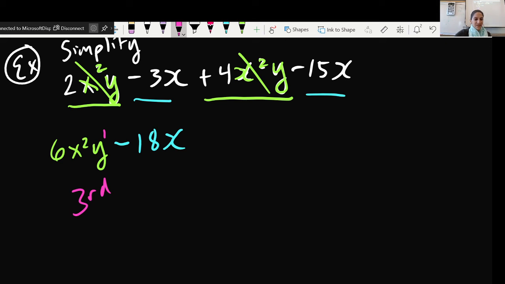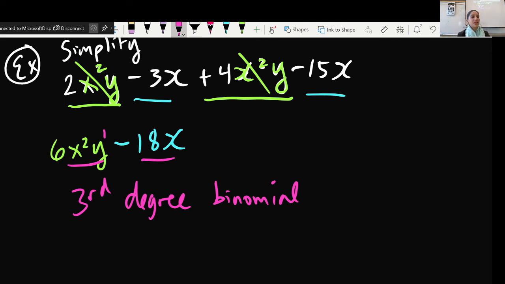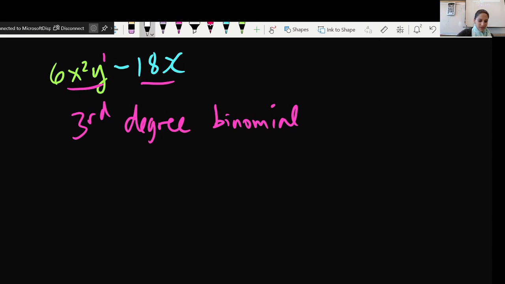Yes. So this would be a third degree. There's 1, 2 terms here, so third degree binomial. Third degree binomial. Do we get that? And how to name that? And we feel pretty comfortable with that? Okay, one last thing and then we'll quit this and move on.